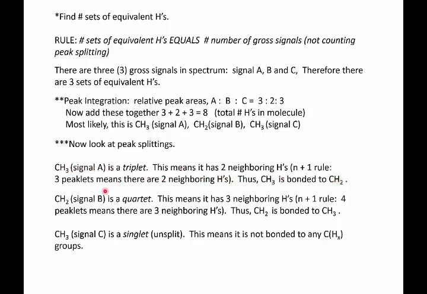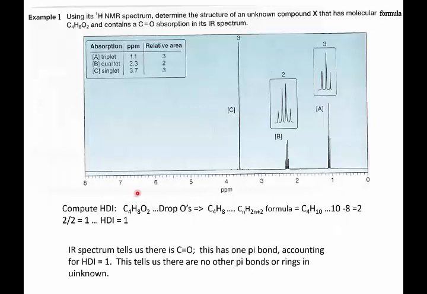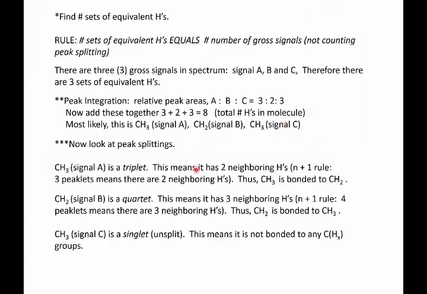Signal B is a quartet, 4 peaklets. Applying the n+1 rule, that means that the number of neighbors it would have would be 1 less than 4, which would be 3. It has 3 neighboring hydrogens.